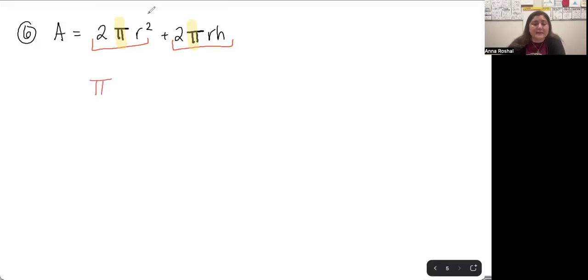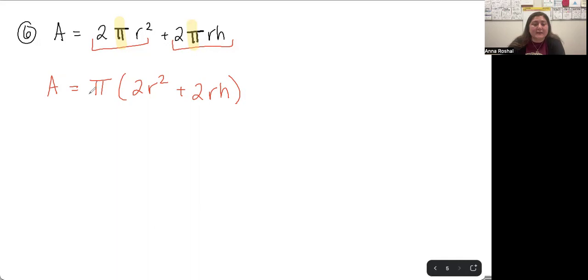Meaning I'm going to take each of these terms and divide them by pi. So I'm going to have 2r² left over when I divide this by pi, plus 2RH, or 2 times the radius times the height. And all of that is going to equal the area.